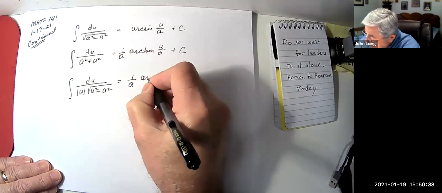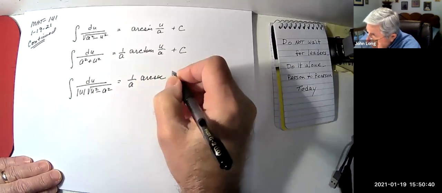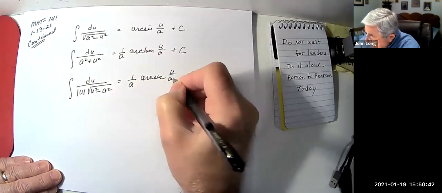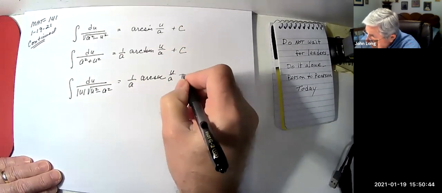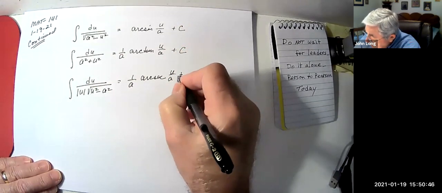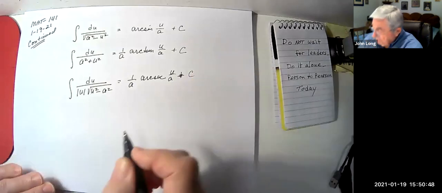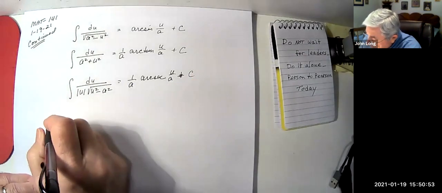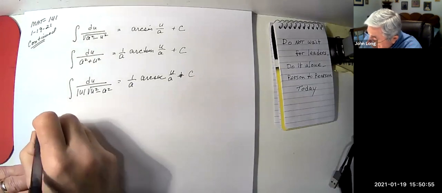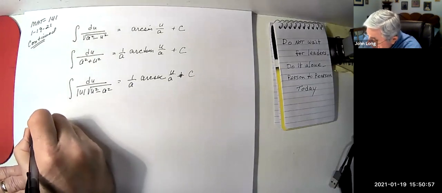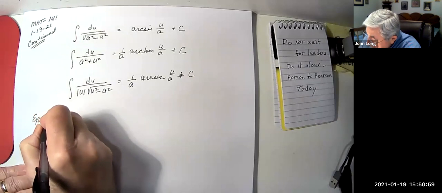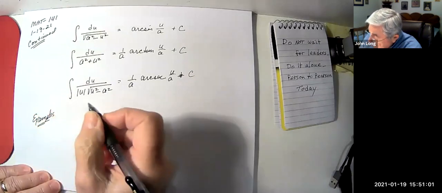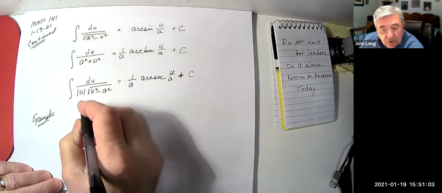This is the arc secant of u over a. Notice all three of these have the u over a, in this case, plus c. So those are the three formulas that we're trying to practice with. And so we just started working examples. And it's all about u substitution.